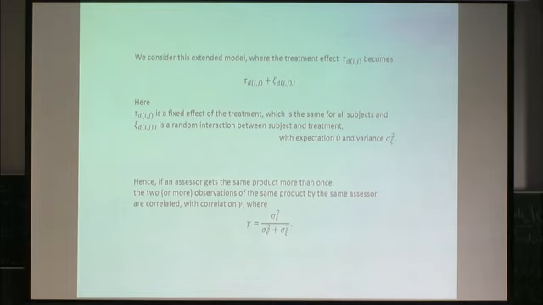And for simplicity, we assume that the expectation is 0 and the variance is a constant. So that means that if an assessor gets the same product more than once, the two or more observations of the same product by the same assessor are correlated. And the correlation is written here. That's the variance of the error, and that's the variance of the interaction. And this gamma is between 0 and 1.